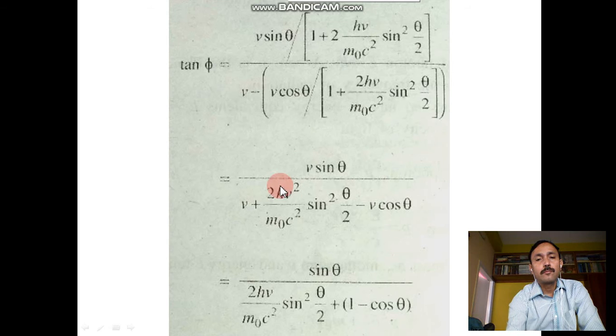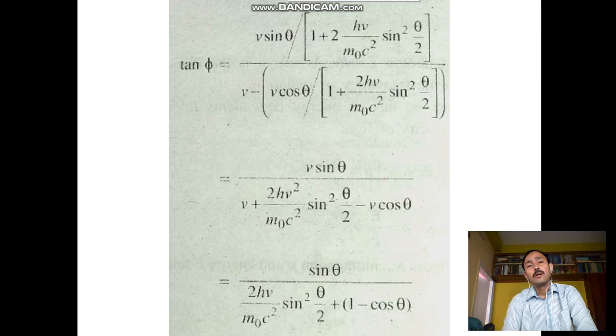Taking common nu and dividing both numerator and denominator by nu, this becomes sin theta by (2h nu by m0c square sin square theta by 2 plus 1 minus cos theta). Here we have taken the common nu, so this nu will cancel out.